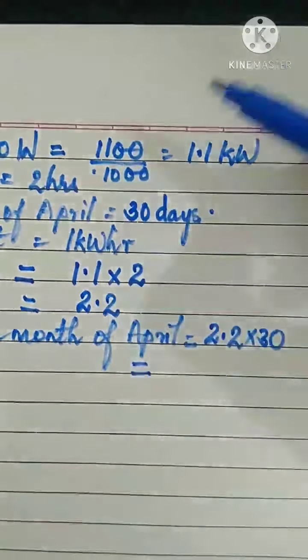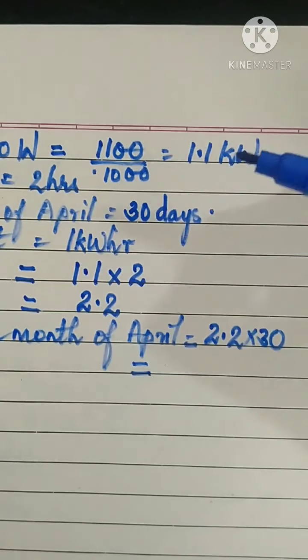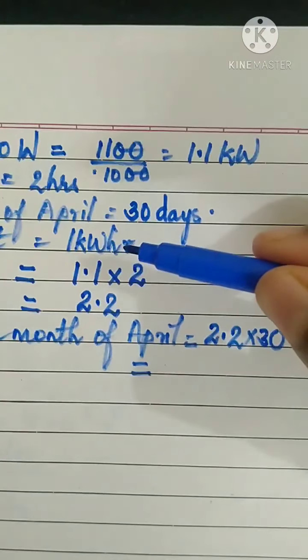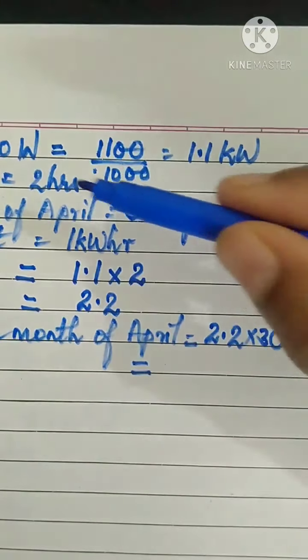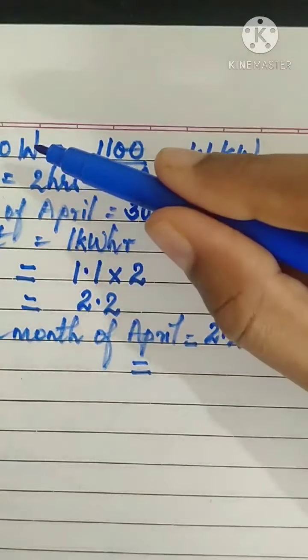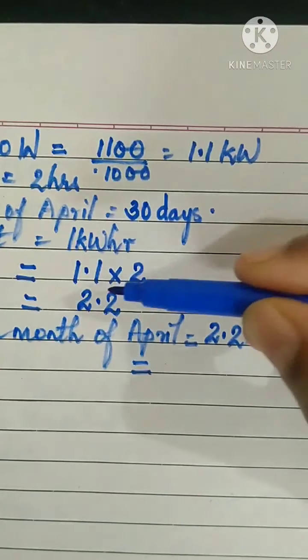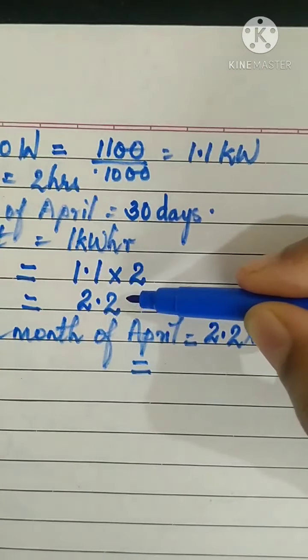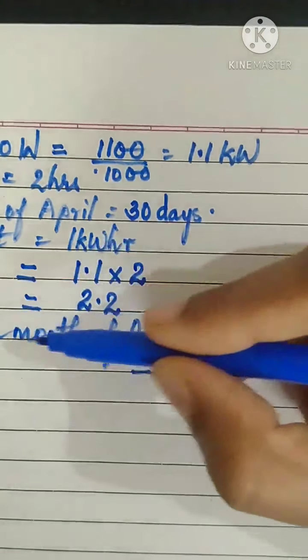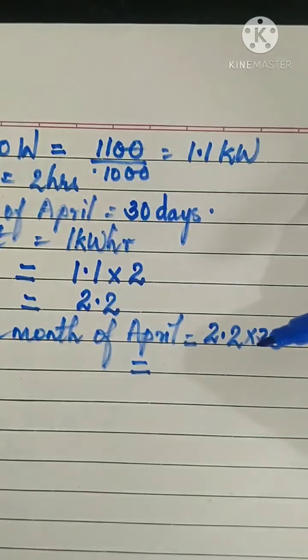First we converted watts into kilowatt, so that we get it in units. 1 unit is equal to 1 kilowatt hour. Time is already given in hours, so that you write as it is. Watts we converted into kilowatts. We got 1.1. 1.1 into 2 is 2.2 units for 1 day. So for the month of April, that is 30 days, we will multiply this by 30.